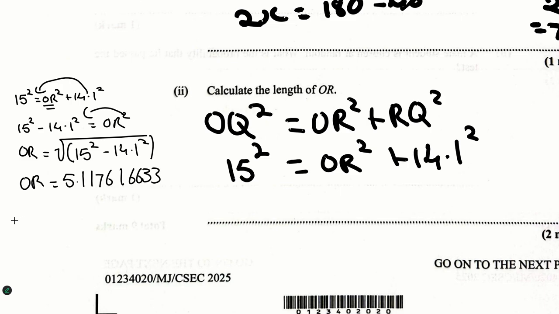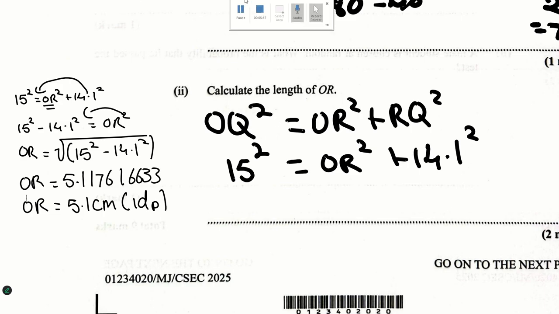It is not best practice, it is recommended by CSEC that anytime you have an answer like this, you put it to one decimal place or three significant figures, right? So I'm going to put it to one decimal place. It'll be 5.1 centimeters, and again to one decimal place in brackets, right? And that is how you would get your answer for this one here.